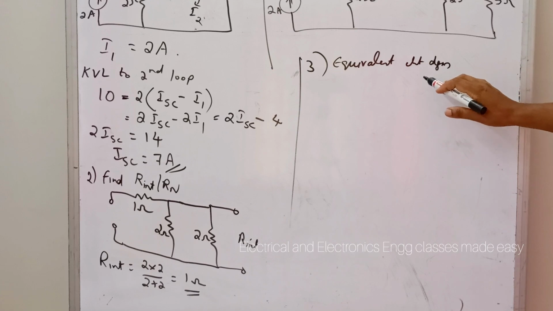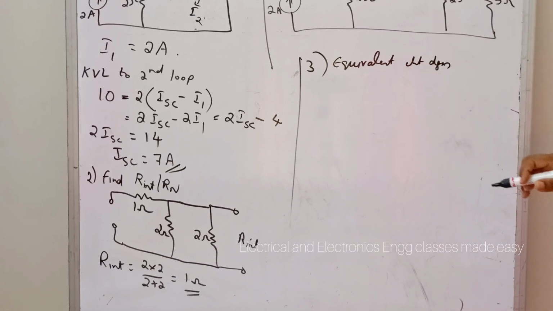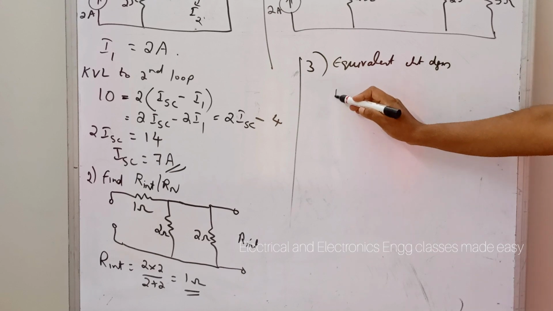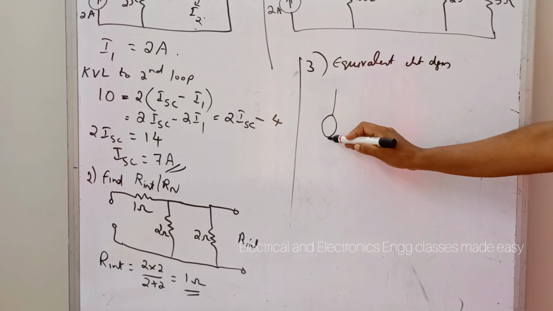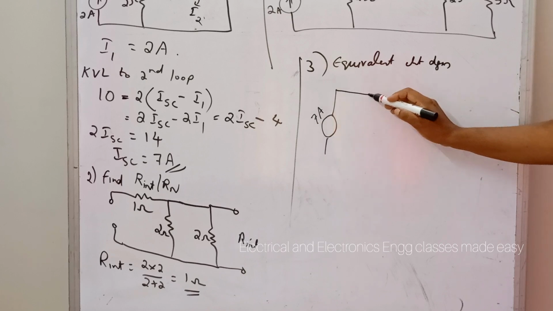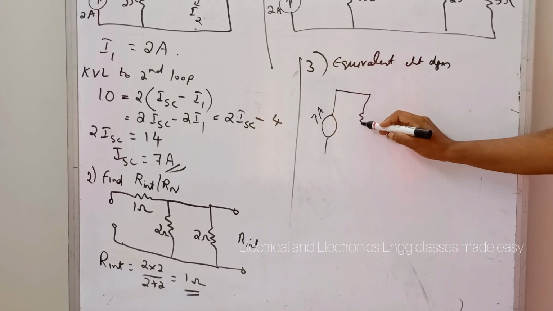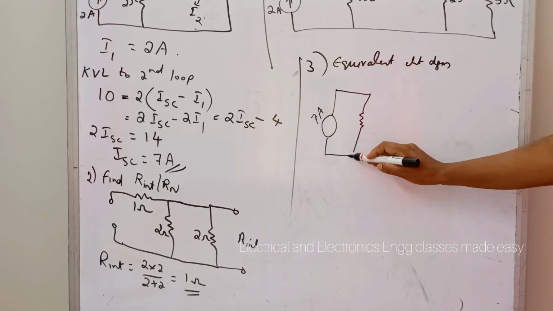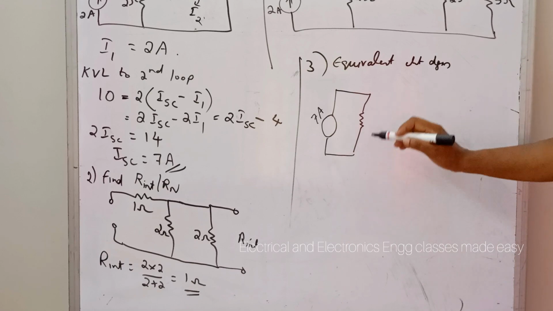So the next step is to find the equivalent Norton's circuit diagram. For that, draw ISC, that is 7 ampere, which is in parallel with R internal, that is 1 ohm.